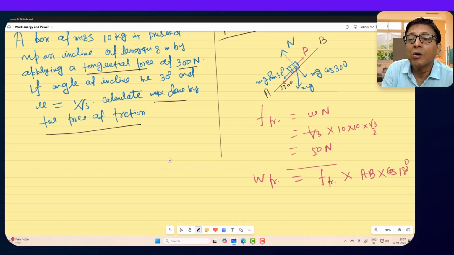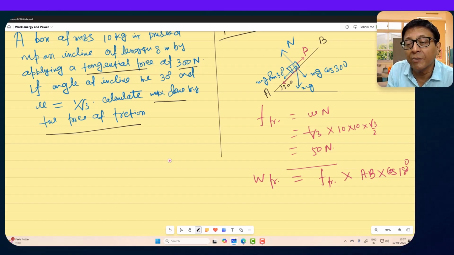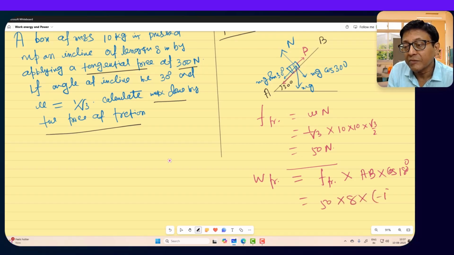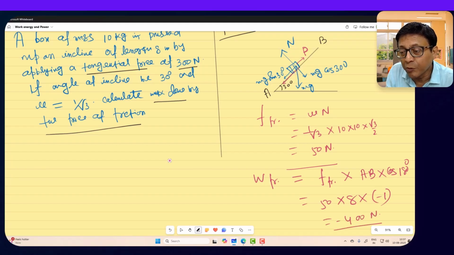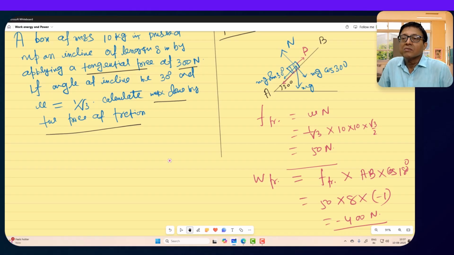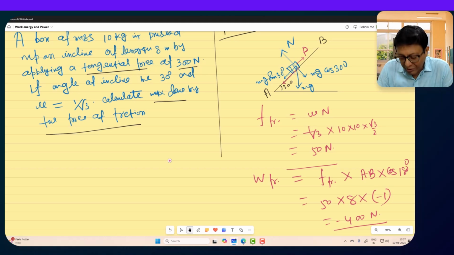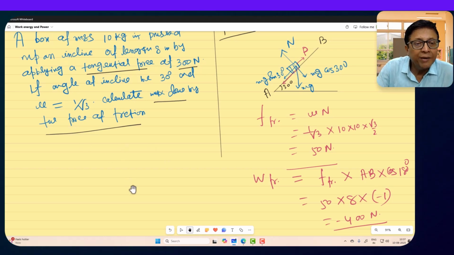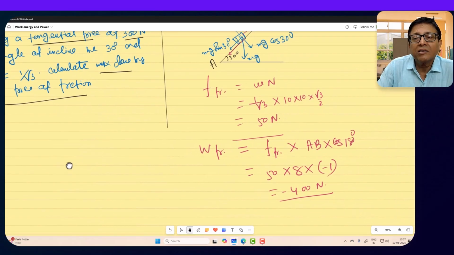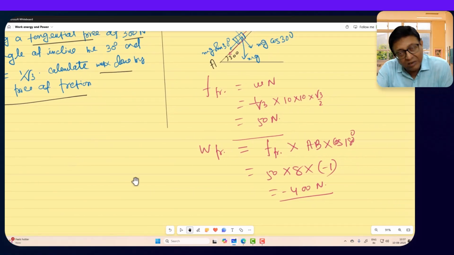Why? Because force of friction is downward, it is moving upward, so angle between them is 180 degree. If Fr is 50 and length 8, so this work is minus 400. Clear? Don't forget the sign here. Don't forget the concept here. Okay? We can do difficult sums on friction in another session.